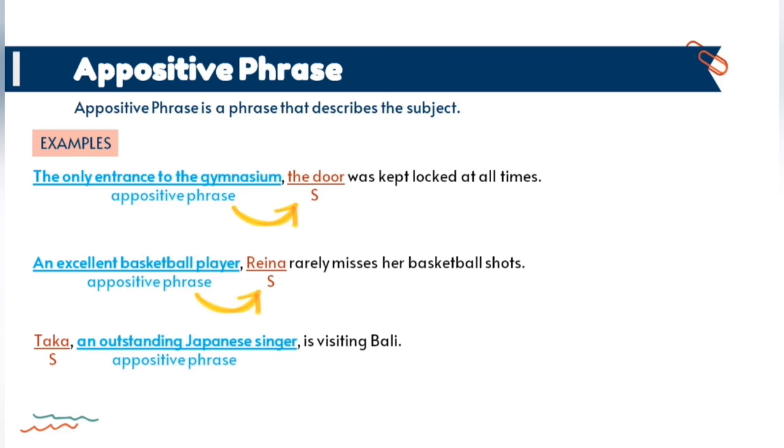Taka is the subject and an outstanding Japanese singer is the appositive phrase which describes the subject Taka. Jadi, kedudukan appositive phrase ini adalah untuk mendeskripsikan sebuah subjek dalam suatu kalimat.